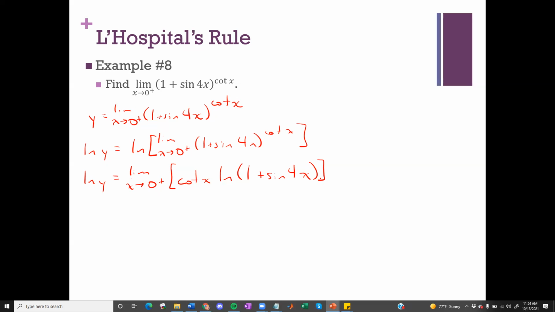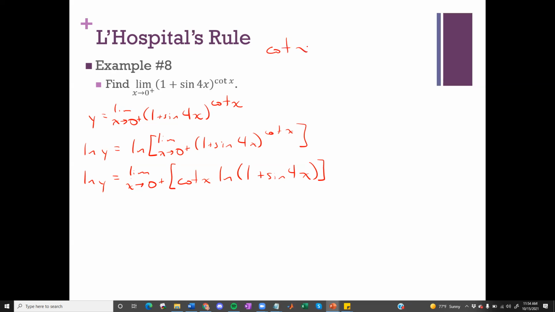One thing we should do: this is an indeterminate form, but we didn't verify that. What's going to happen to the 1 plus sine of 4x as x goes to 0? That's going to be 1, right? But what is the exponent? It's undefined at x equals 0, but what's the limit, more specifically, as x approaches 0 from the right?